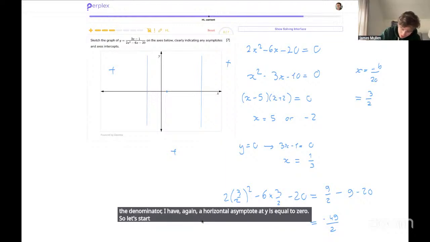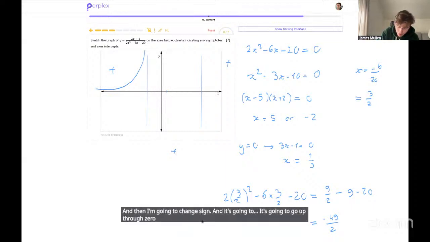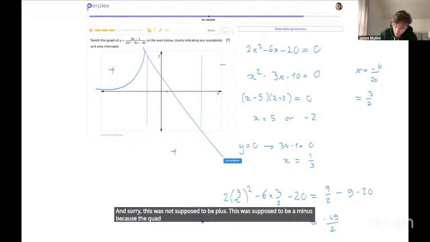I'm going to have something like this, and then I'm going to change sign. It's going to go up through 0, then change sign again on the positive side over here. Sorry, this was not supposed to be plus. This was supposed to be a minus because the quadratic is positive, but the line is negative.